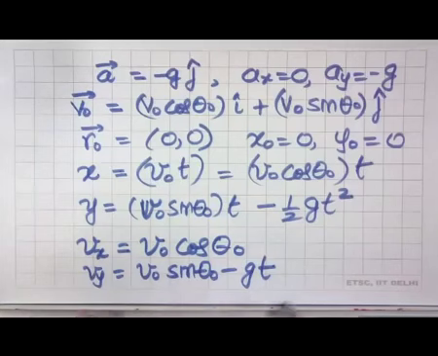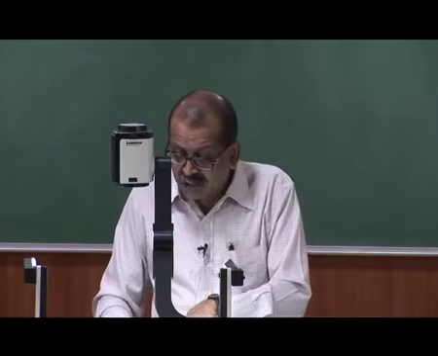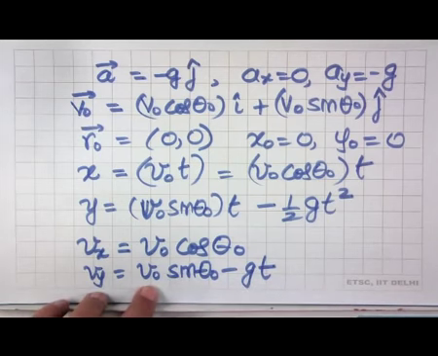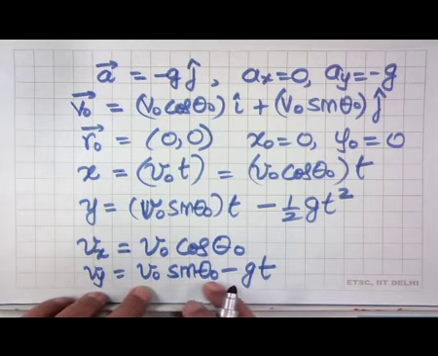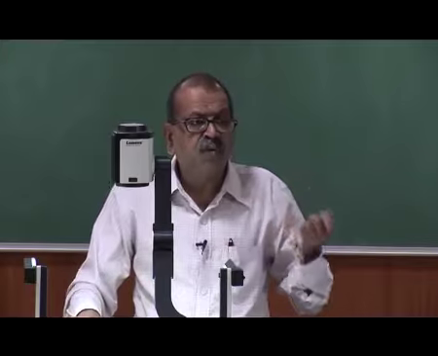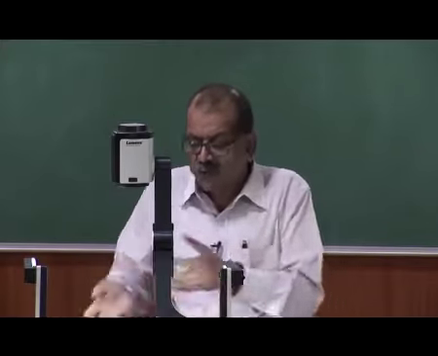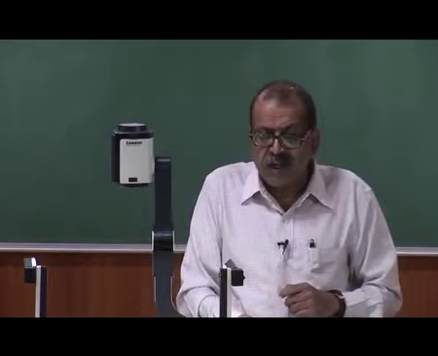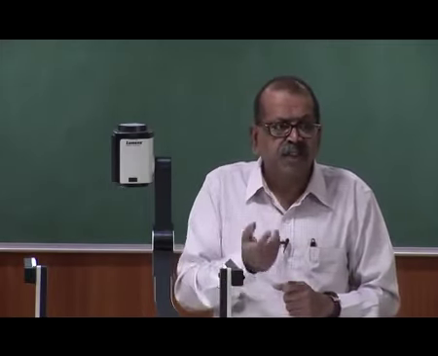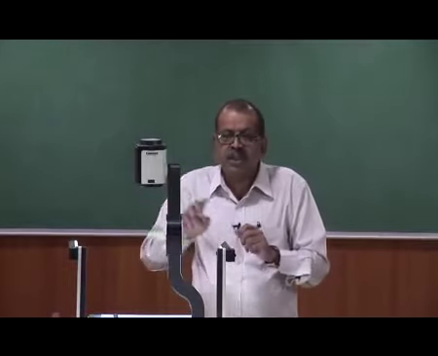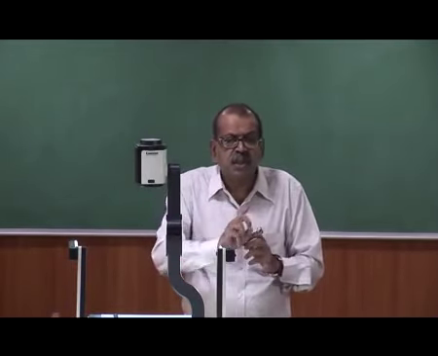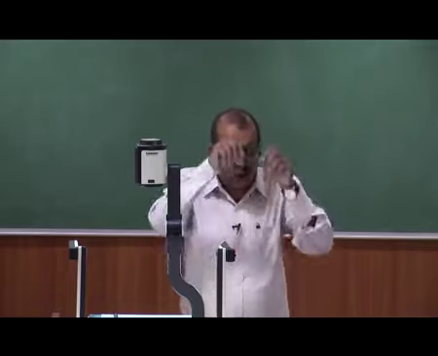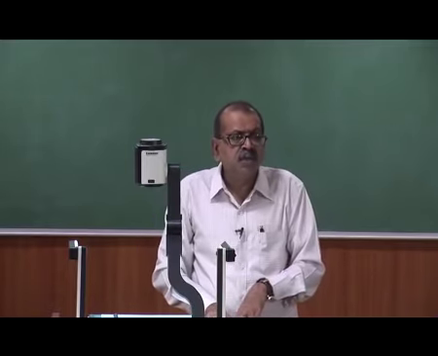From this we also realize that the y direction of motion of the particle is exactly the same as that of a particle thrown vertically upwards with an initial speed of v 0 sin theta 0, that is the initial vertical speed of this particle. So if a particle is thrown vertically up with some speed, and another is thrown as a projectile at an angle theta 0 such that the two vertical speeds are the same, then both particles will come back to the ground at the same time.